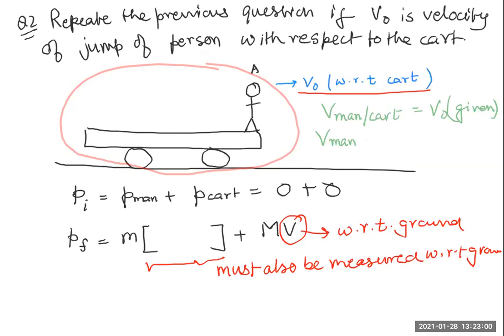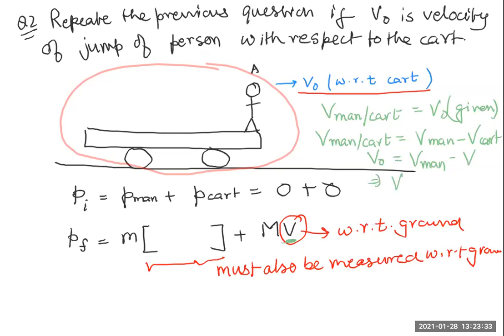Let me write it. Velocity of man with respect to cart is equal to velocity of man minus velocity of cart. Now the two velocities on the right hand side are velocities with respect to ground, and the velocity on the left hand side is the relative velocity. So V man with respect to cart is already given to us. V man we wish to find out. Minus V cart is V. This we have already assumed.